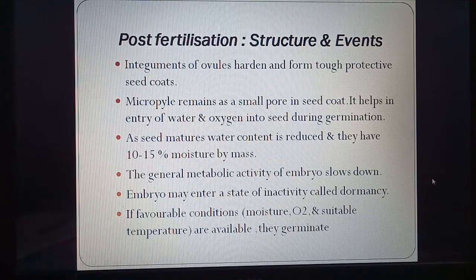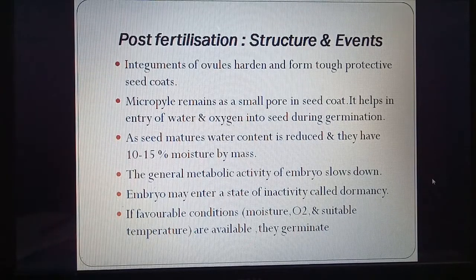When the seed matures, the water content is reduced. So as the seed becomes mature, the water content becomes less, and they have 10 to 15% moisture by mass. So very little water is present in the seed and they become inactive. The general metabolic activity of the embryo slows down.